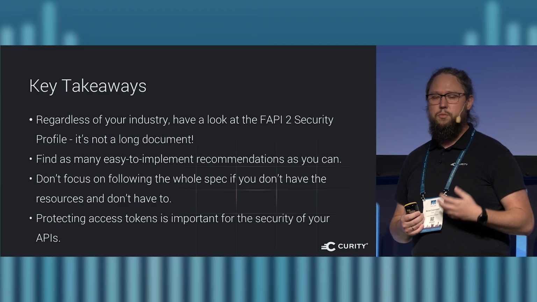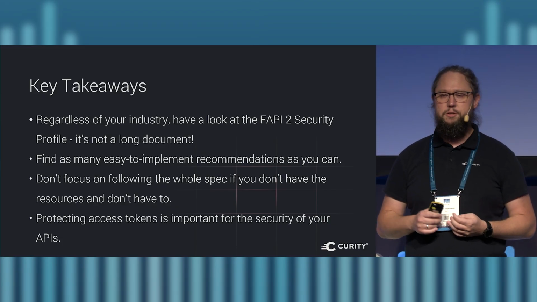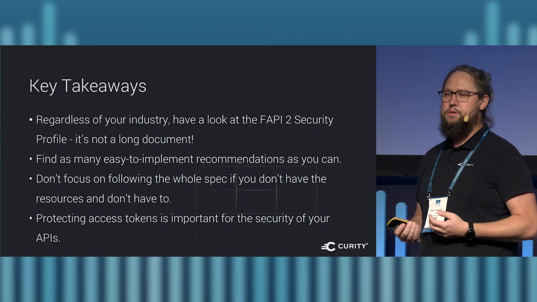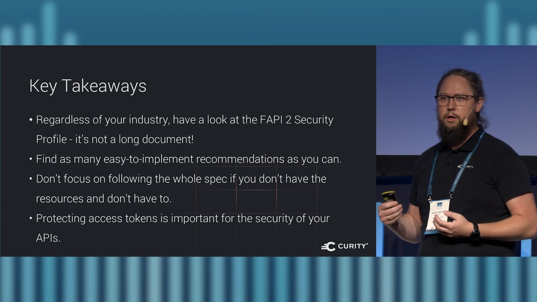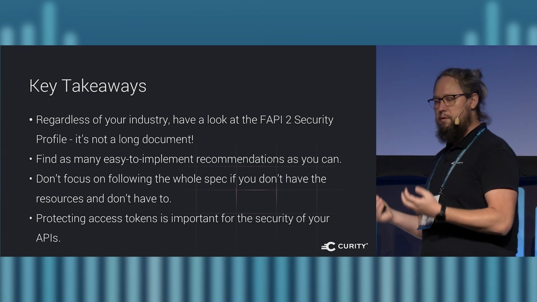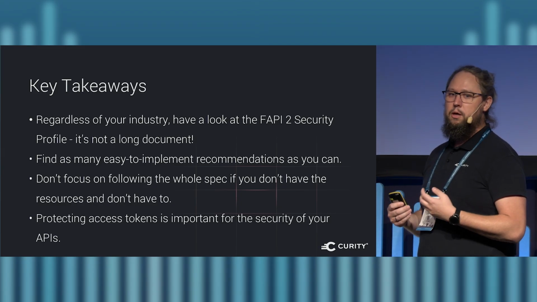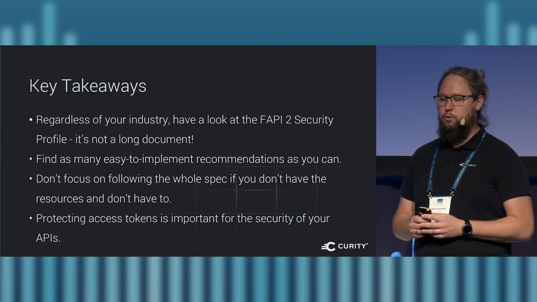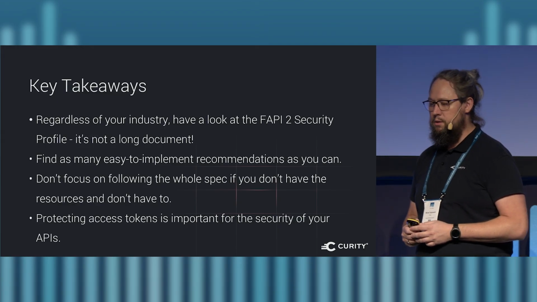Maybe these are just some configuration options that you will switch, or an OAuth extension that your authorization server supports anyway, and you just have to switch it on. Whatever option you use from FAPI, it will make your solution more secure. So eventually it will be useful for your APIs.